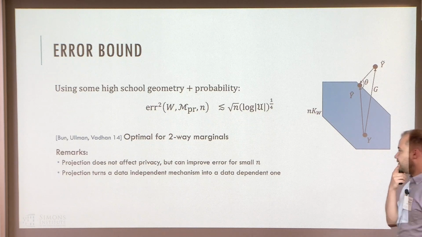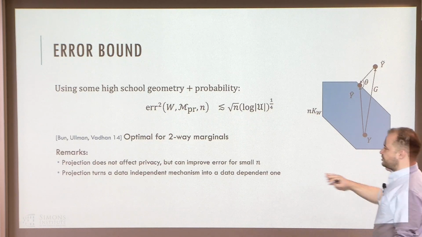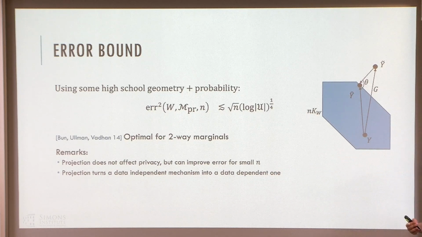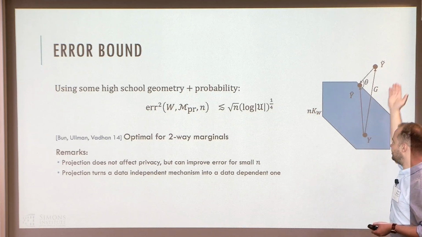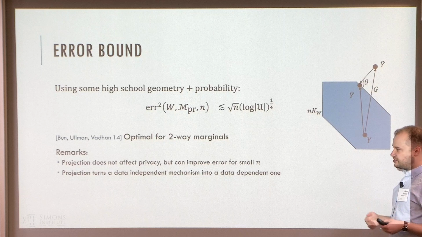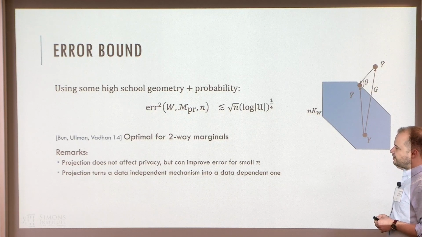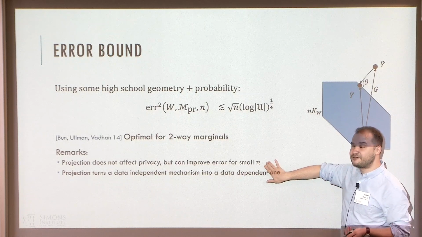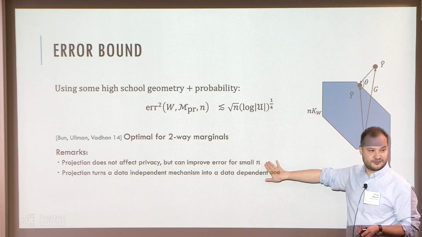Okay, and again, the projection does not affect privacy, but it could improve the error bounds if your database is small, because that's exactly the case where the Gaussian noise takes you outside and then you go back in, and that can actually sometimes improve the error bounds. It never makes the error worse is maybe something that's important to say.